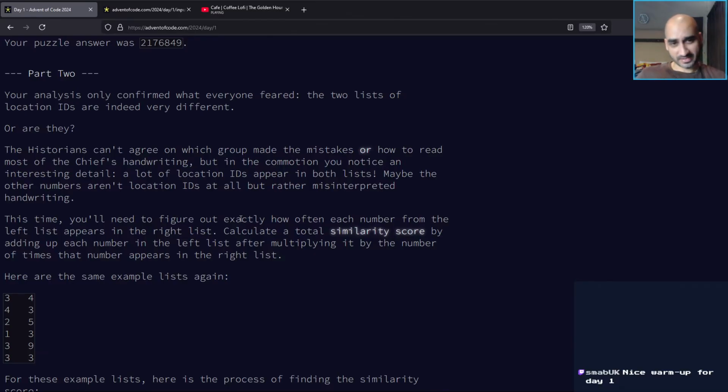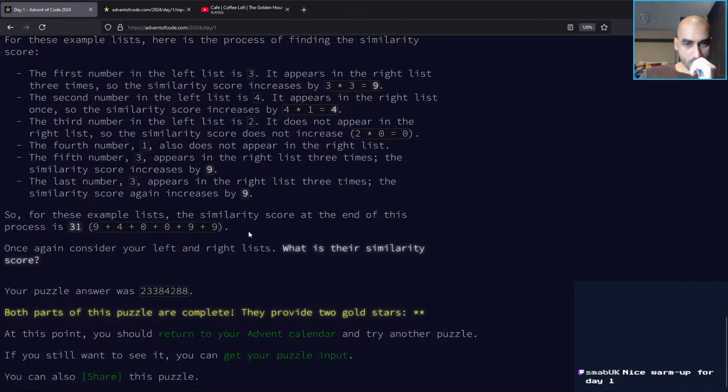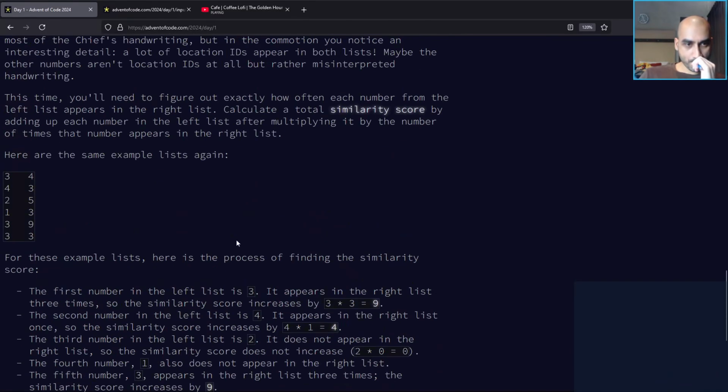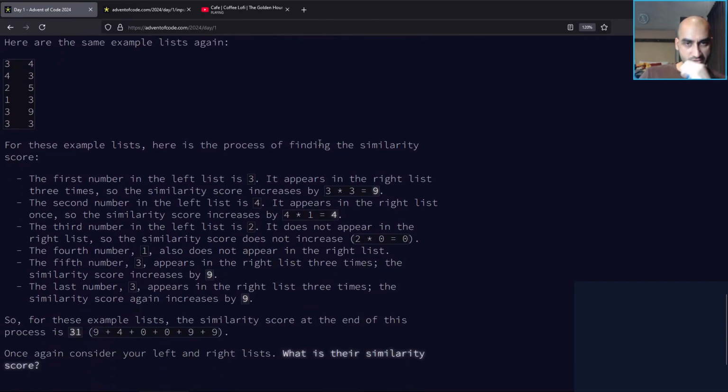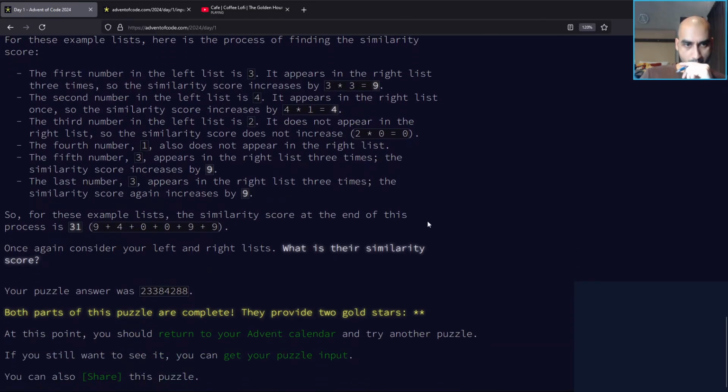That's like 90% of what you do if you work as a data scientist. Yeah, so for the similarity score, you could make a lambda function or something, but it's not necessary really. Nothing much else to say about this.